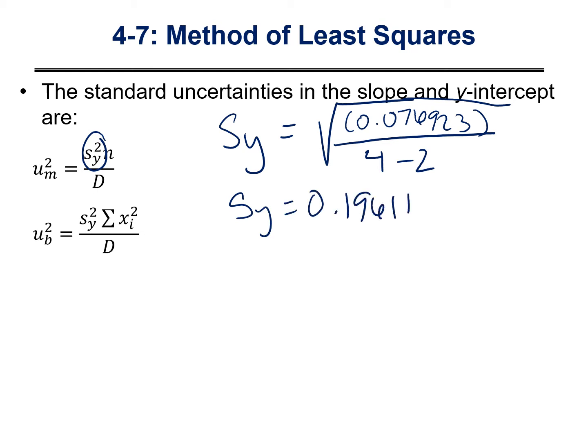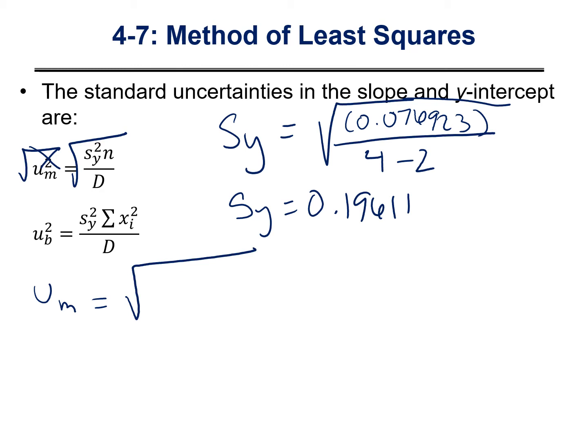Now let's figure out our uncertainty for the slope. So that's um squared. If I wanted to just figure out the uncertainty, I would then square root it on both sides to get rid of that squared. So I'm just going to save a little bit of time and just solve for the square rooted version.